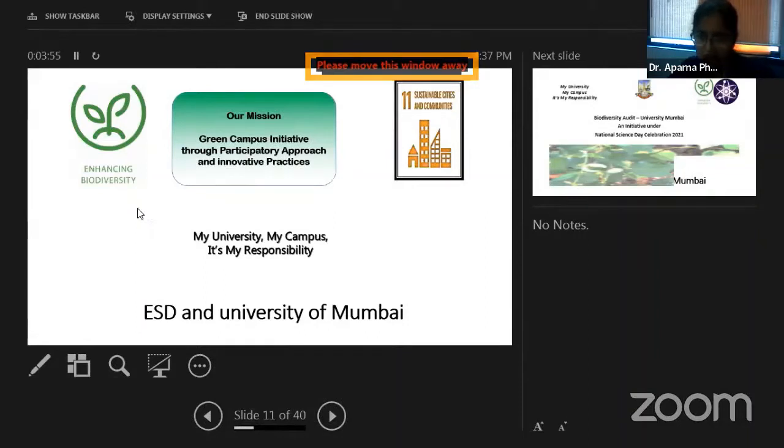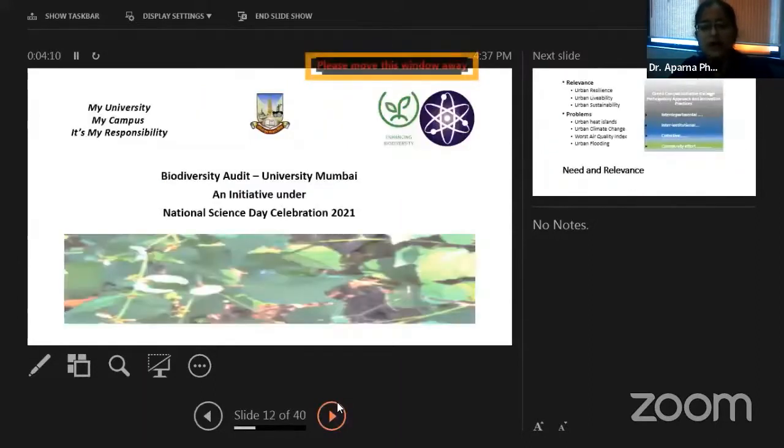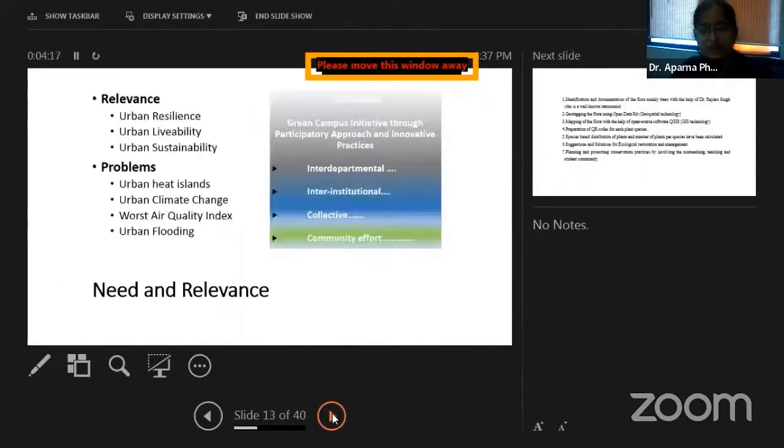So enhancing biodiversity, because it is Mumbai, the top city of the country, sustainable cities and communities, goal 11. Hence, we went for an interdepartmental initiative. It was an initiative under National Science Day celebration 2021. The relevance of this particular exercise was urban resilience, livability and sustainability.